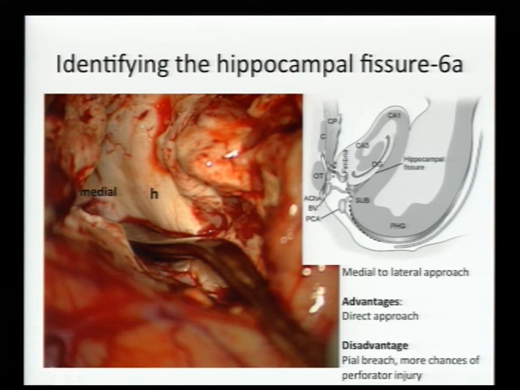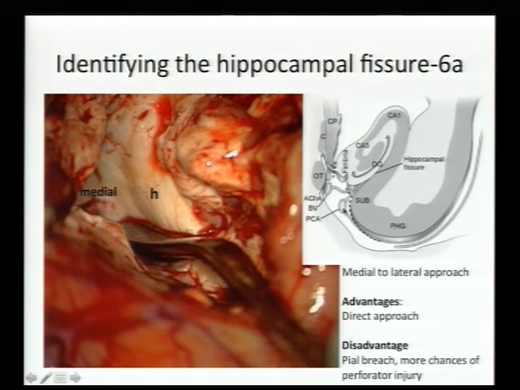So any residents, can you tell me what are the vessels which are deep to the pia? Anybody, any of the residents are here? Anybody? I think nobody wants to get up. So you have the basal vein of Rosenthal, which is important, it should not be touched. You have the posterior cerebral artery, and if you go more anteriorly, you will come across the anterior choroidal artery.